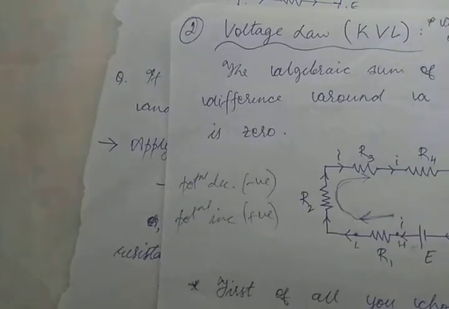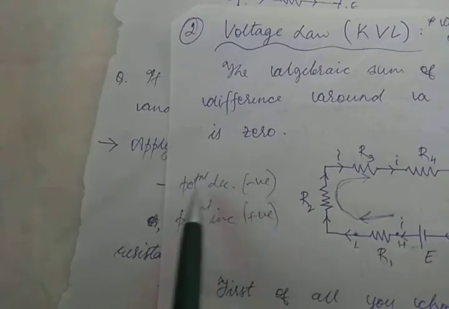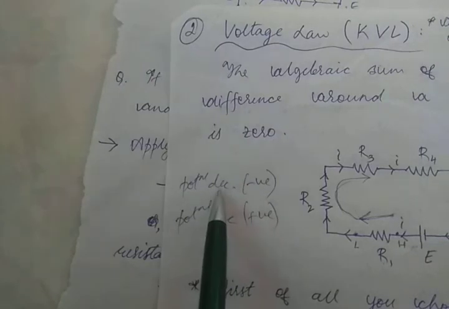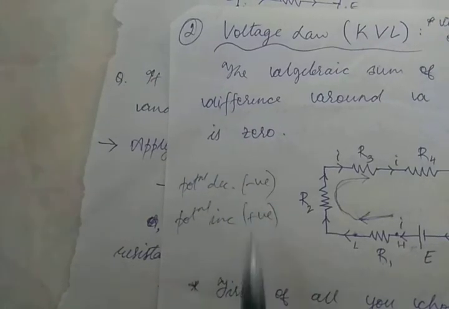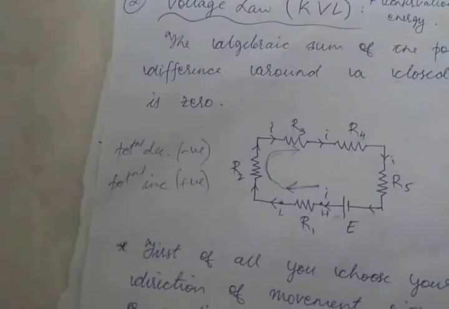Okay, some books and some other people follow the other convention, in which case if potential difference decreases, then they take it to be positive, and if potential difference increases, they take it to be negative. You can choose any of the conventions, I'm telling you, but I suggest you stick to one convention.